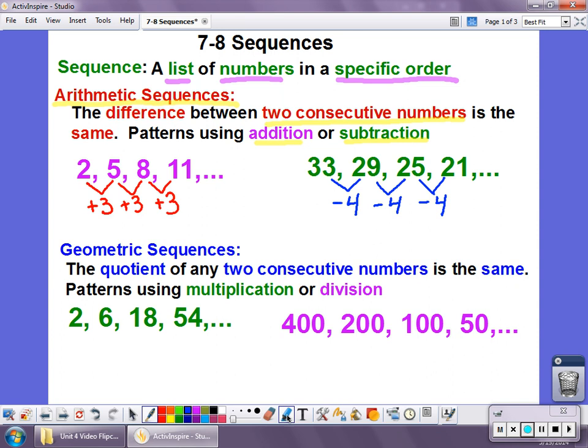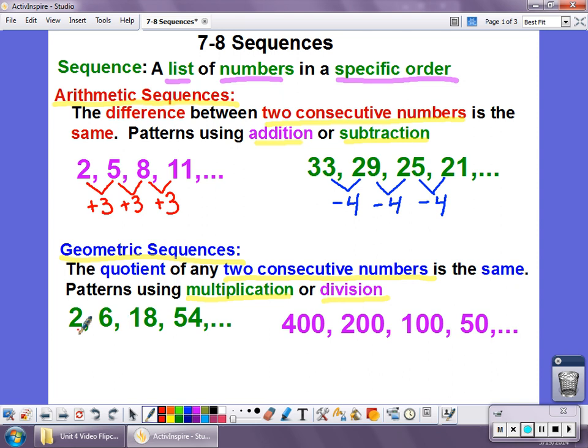The other type of sequence we can have is what we call a geometric sequence. And this time, when you look between two consecutive numbers, the pattern is going to involve either multiplication or division. And again, it's always got to be the same amount. So if you look at these numbers, they're getting bigger and bigger. When numbers get bigger, you think it's either an addition pattern or a multiplication pattern.